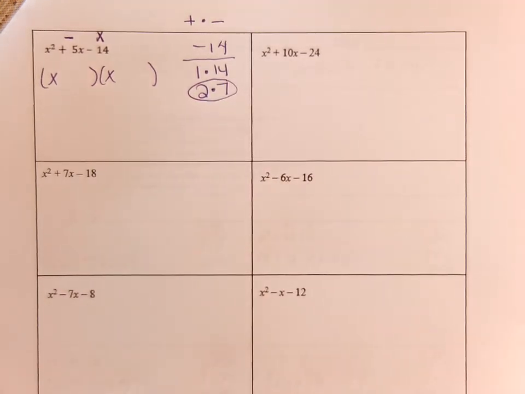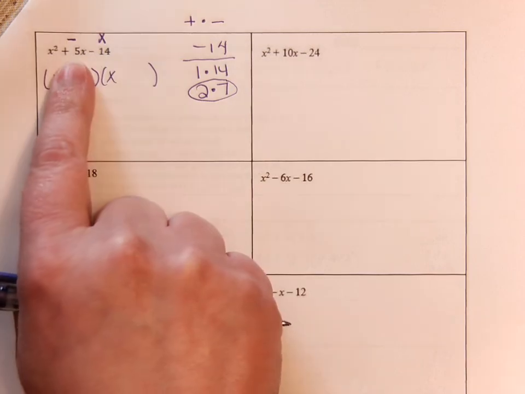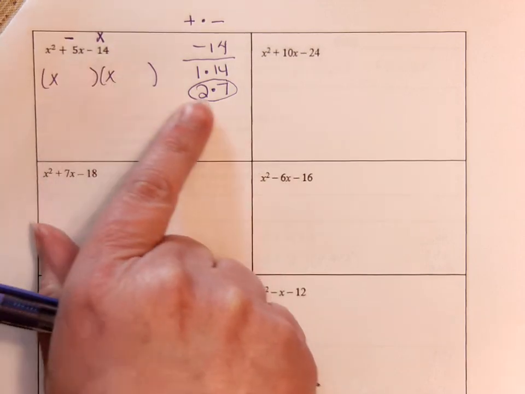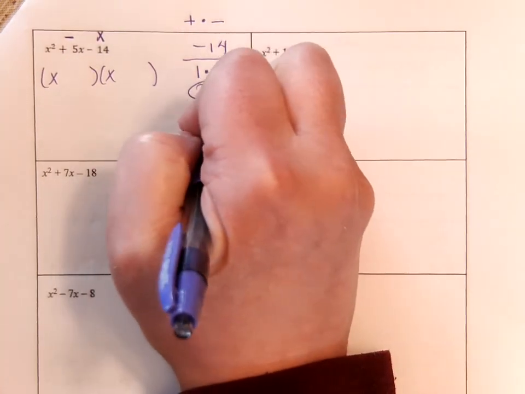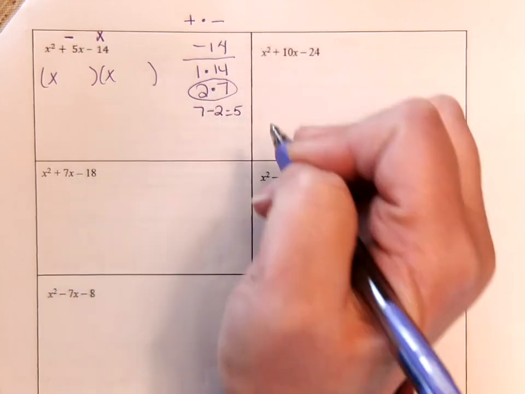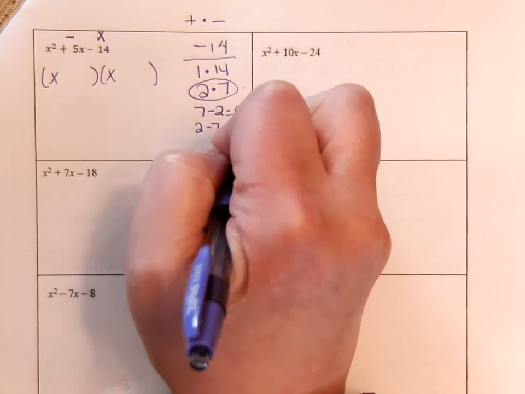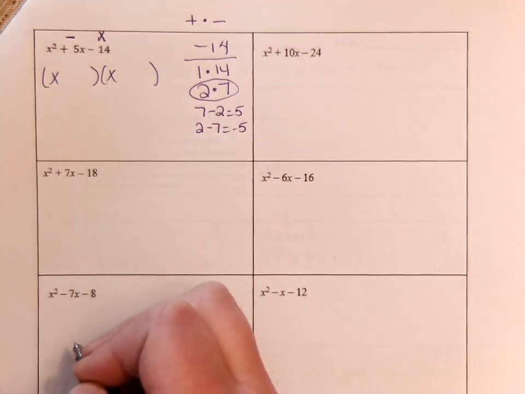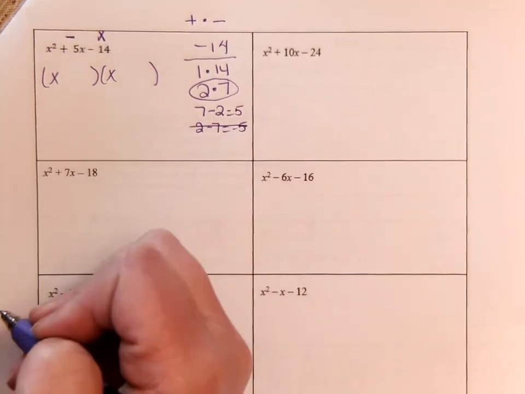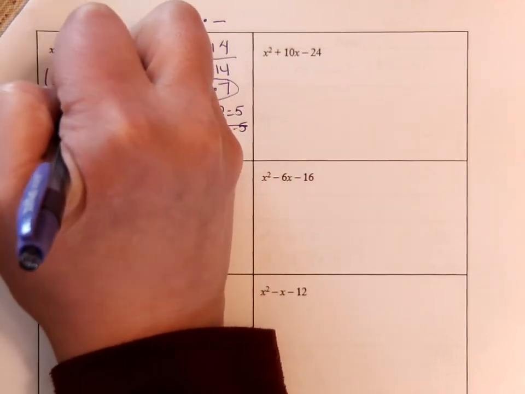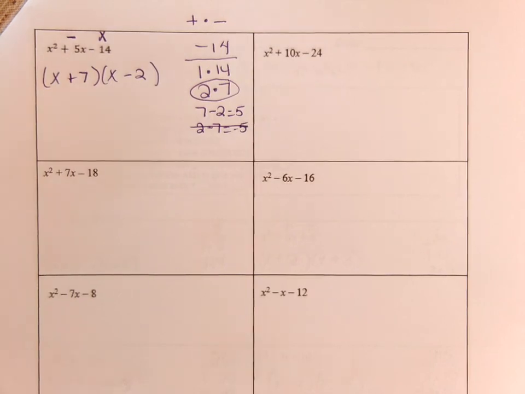But the catch is which one is going to be the positive and which one is going to be the negative. Well, I want to get a +5. So that means I need to do 7 minus 2 to get 5. If I did 2 minus 7, that would give me -5, and that's not what I want. So I want a +7 and a -2.